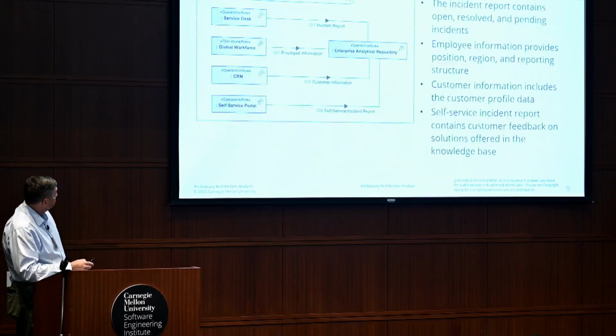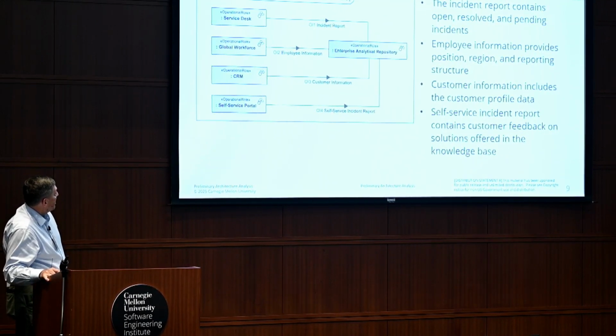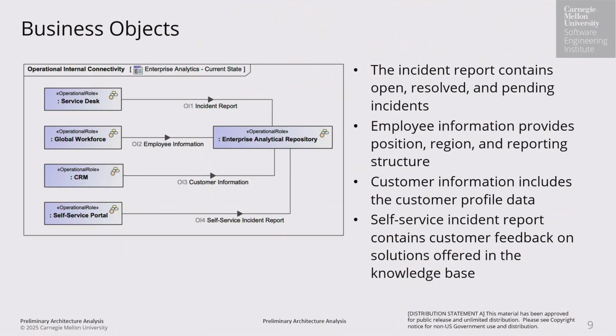So if we look at the information that is involved here, the service desks supply incident reporting as well as self-service portals. CRM provides customer information, so you know who actually made the call and opened a ticket, and global workforce provides employee information.